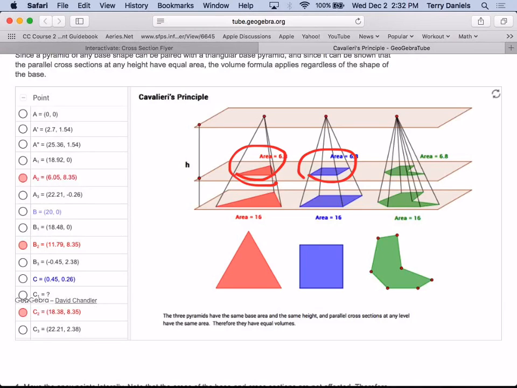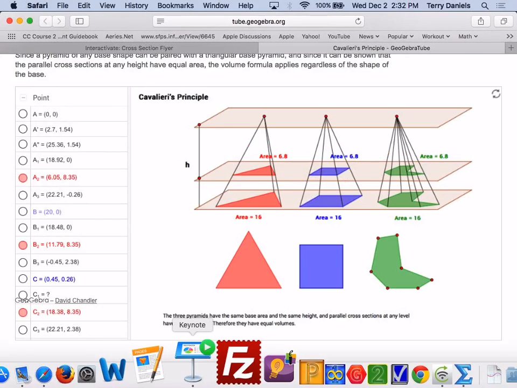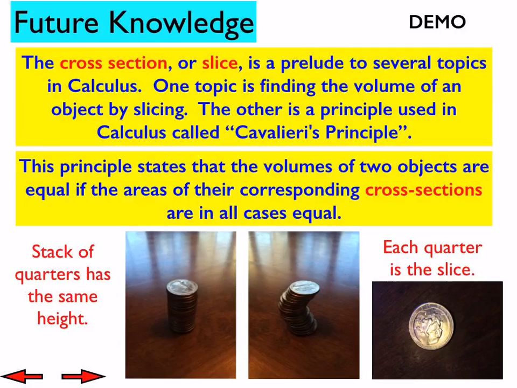And the area of that quadrilateral there has an area of 6.8, and then the area of that green section has 6.8. So by Cavalieri's principle, they have to have the same volume, even though they're three totally different shapes. They're the same height, and their cross sections have the same area. Okay? All right, and that is it for today.